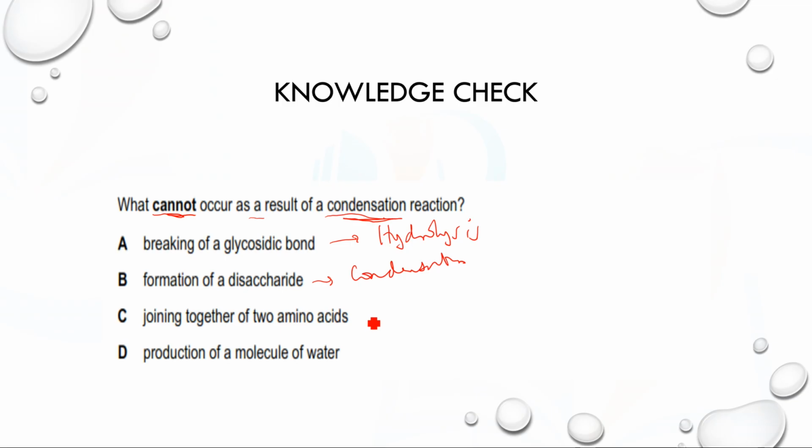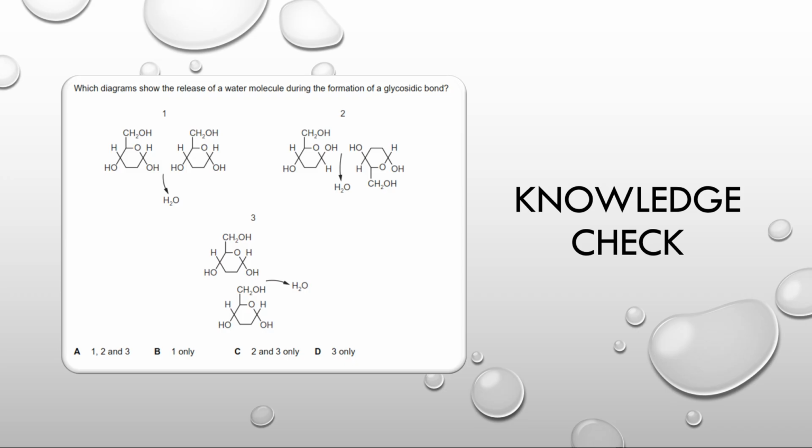Joining together two amino acids is condensation, because amino acids are monomers. Elimination of a water molecule also occurs in condensation. So the only one that cannot be condensation is A. A must be hydrolysis. So the answer is A.